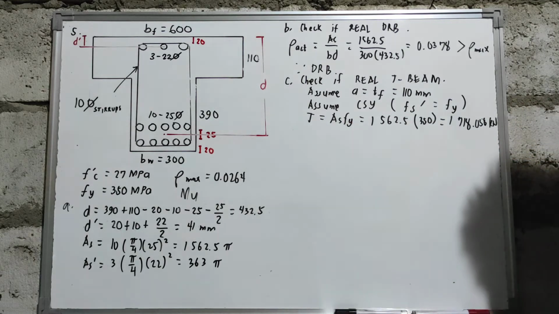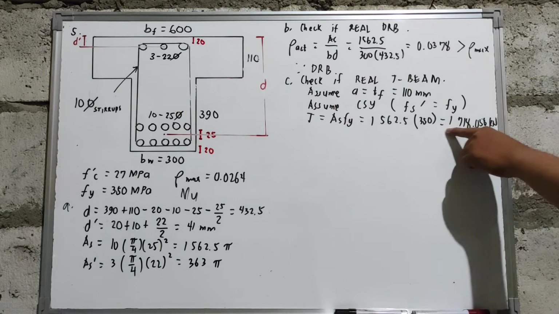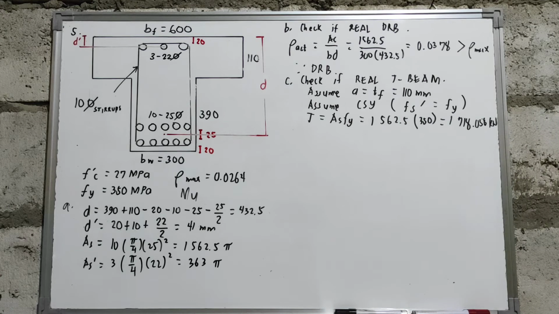So eto na ngayon yung value ng tensile force natin. So yung goal natin dito is mapag-balance natin yung tension at saka yung compression natin. So for this one, meron tayong ibabalance na 1,700 na kilonewton.